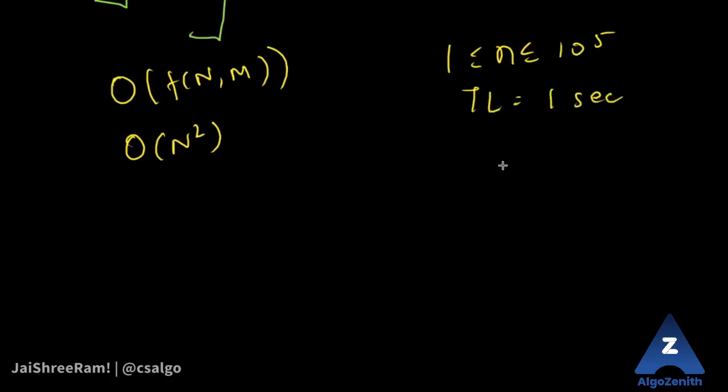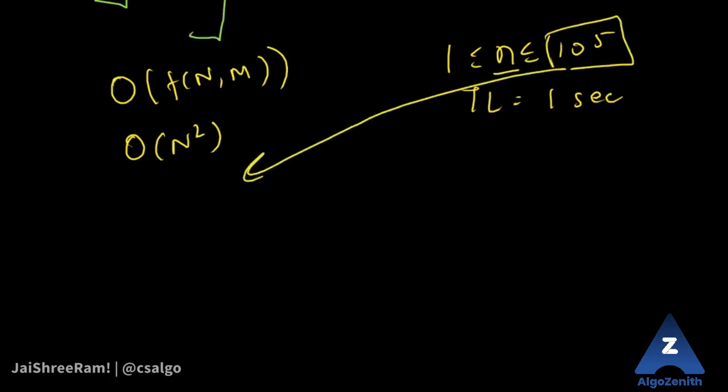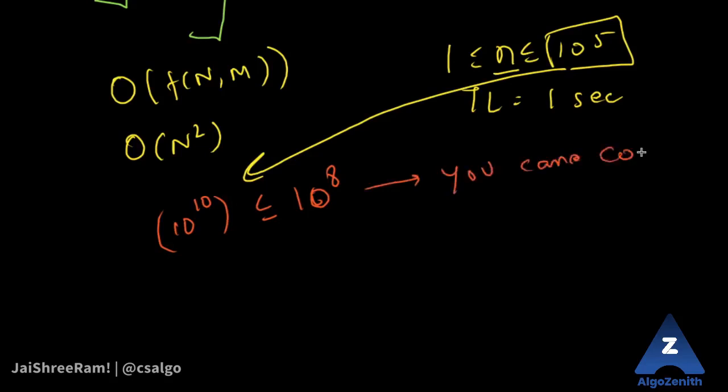So keep a rule of thumb: whatever the value of n is given, take the maximum value that it can attain and put it into n squared. If you put 10 to the power 5 in n squared, you get 10 to the power 10. See if this is less than or equal to 10 to the power 8, you can code the solution in most cases.